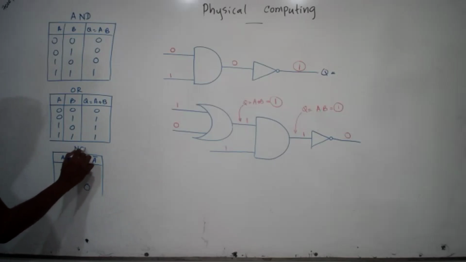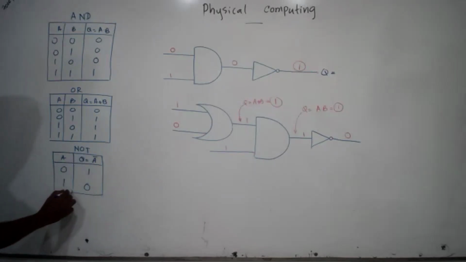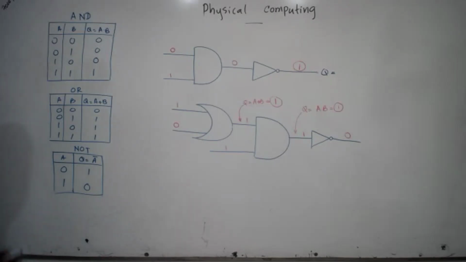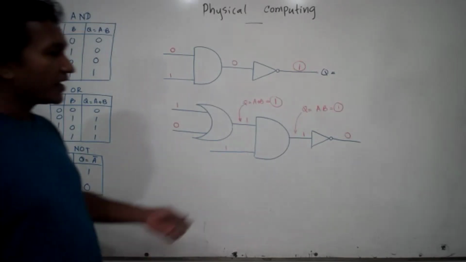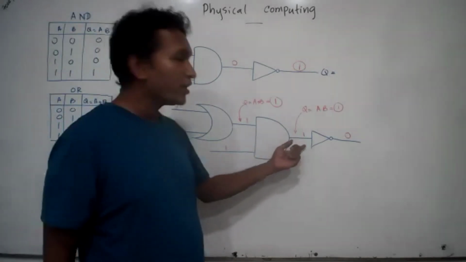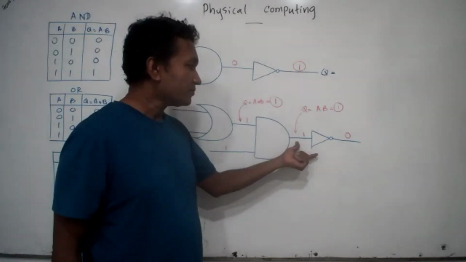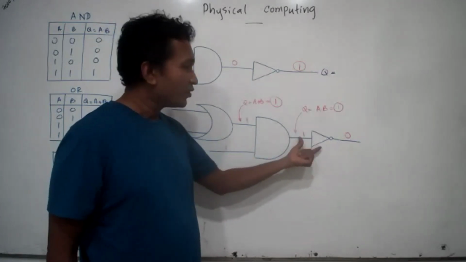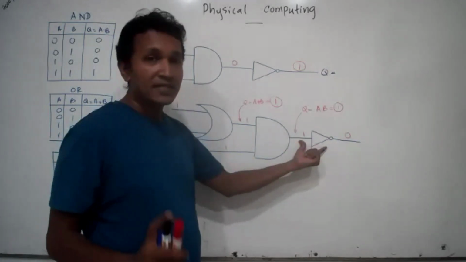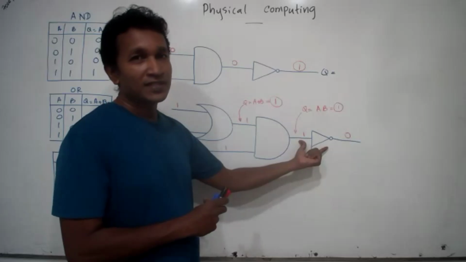Sir, yes. In the NOT gate, why can't there be two inputs? In a NOT gate, we can't have two inputs because there will definitely be one output. A NOT gate means the opposite of the input.